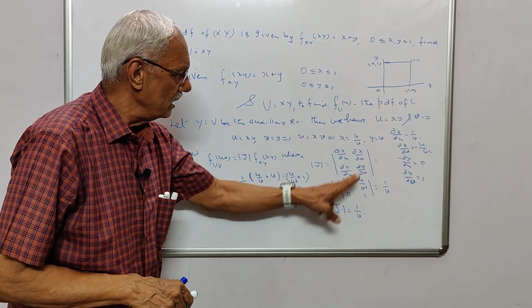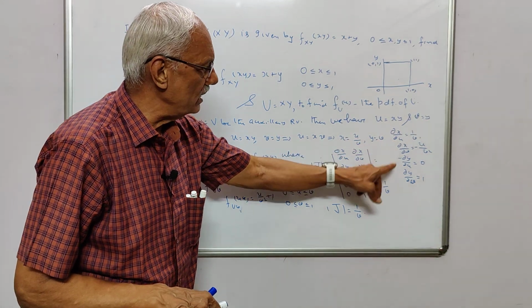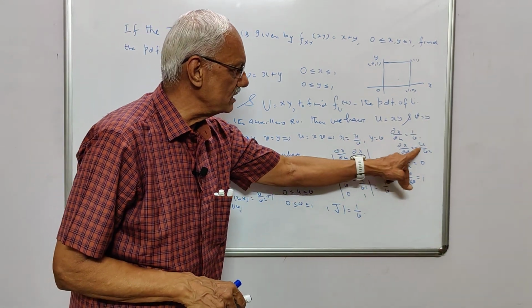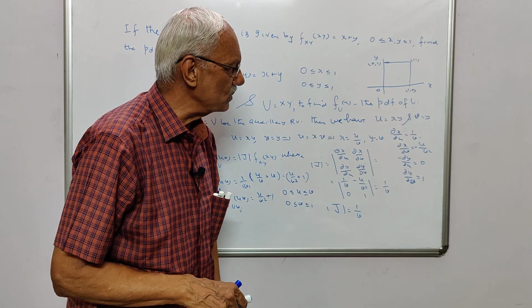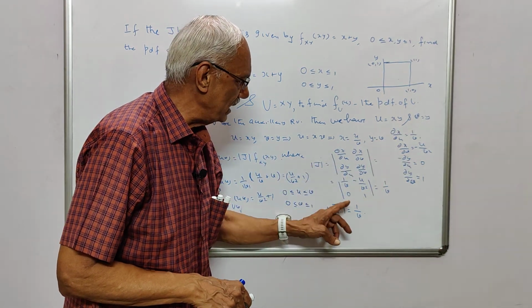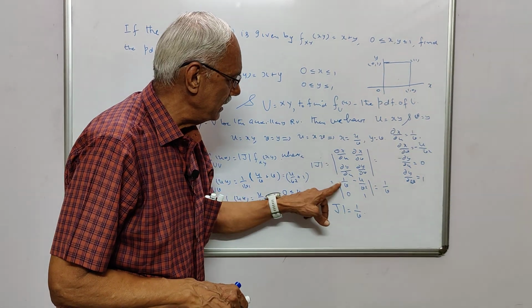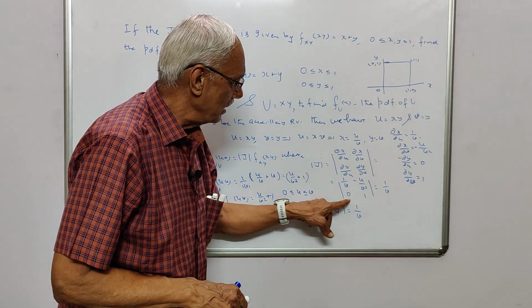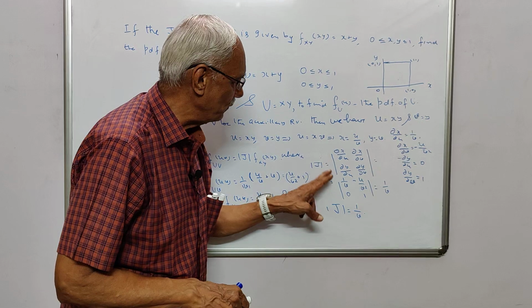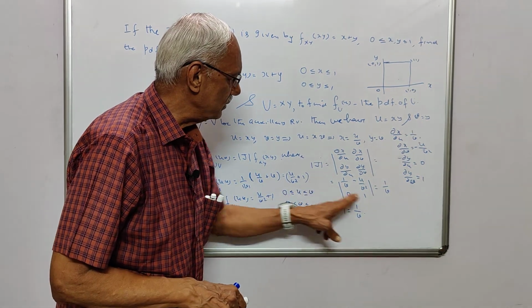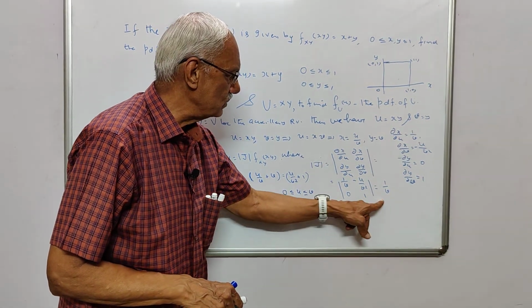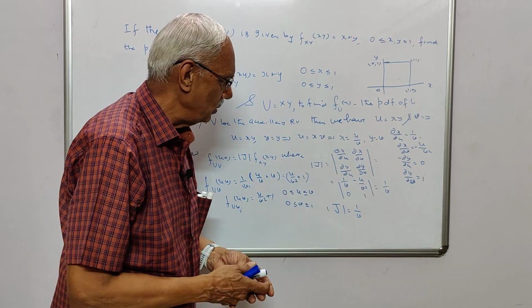I have explained here. ∂x/∂u has been got, ∂x/∂v, which is nothing but minus u by v squared, has been got. So substitute these values, and what is the value of the determinant? It is 1 into 1 by v minus 0 into this, which is 0. Therefore the modulus of J, that is the Jacobian, is 1 by v.